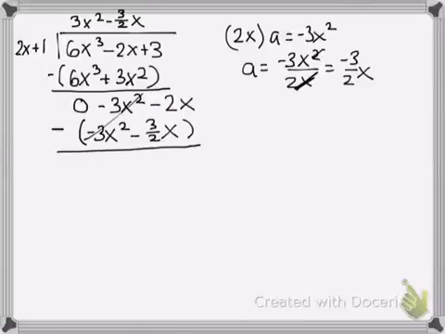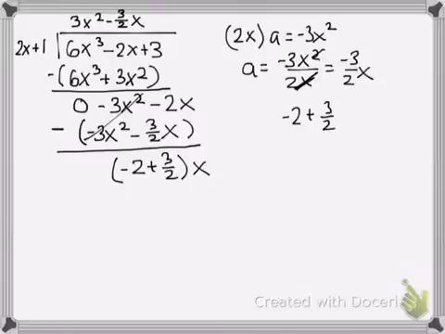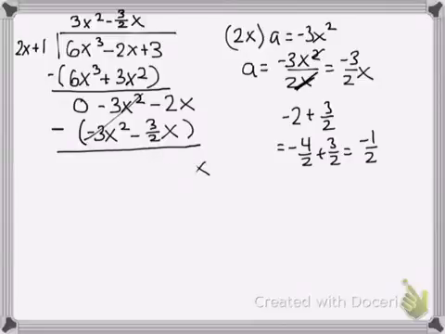The first terms cancel, and you get negative 2 plus 3 halves x, which is, negative 2 plus 3 halves is the same thing as negative 4 halves plus 3 halves, which is negative 1 half. So here, let me erase this, and I'll write negative 1 half x.